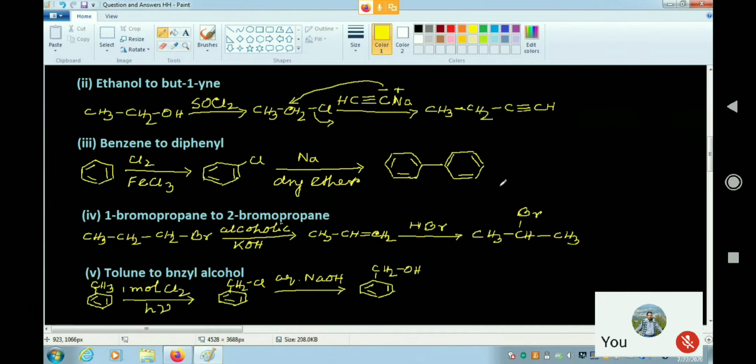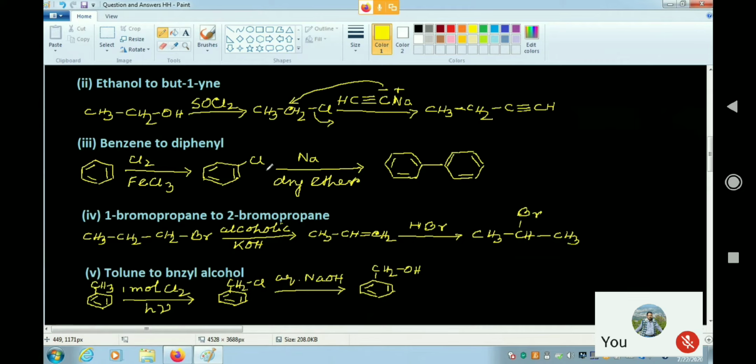Next one is benzene to diphenyl. For that, we can take the help of the Fittig reaction. Primarily we need to bring a halogen into the benzene ring. That is, first halogenation of benzene gives chlorobenzene. Here chlorination takes place.